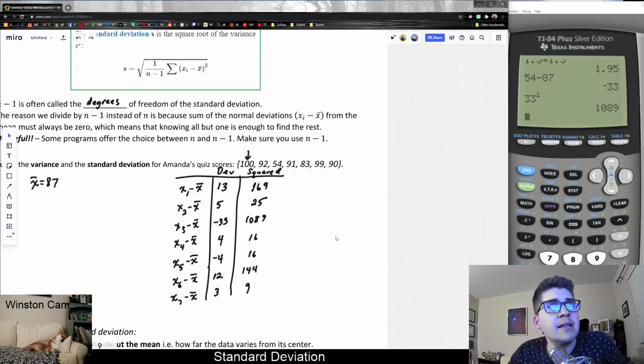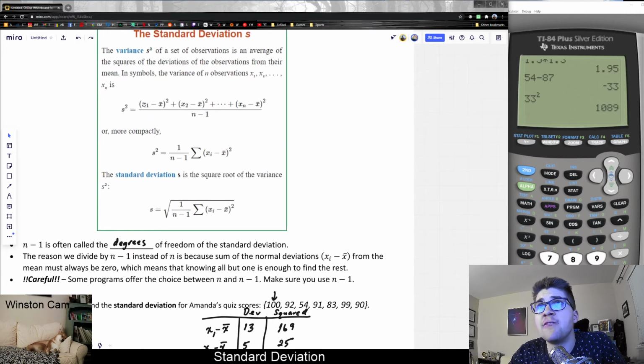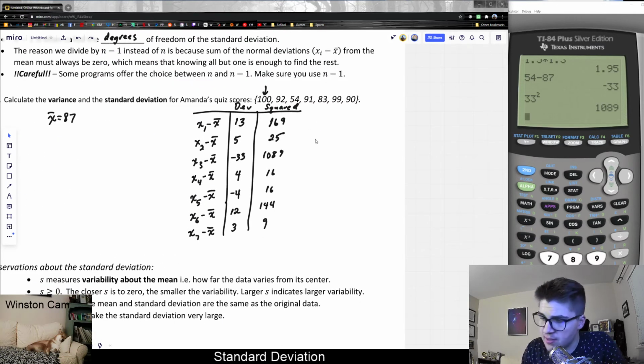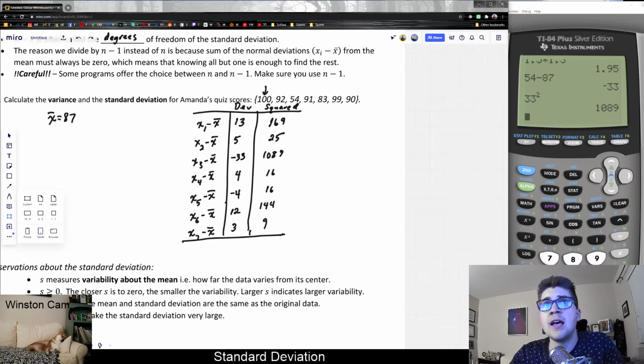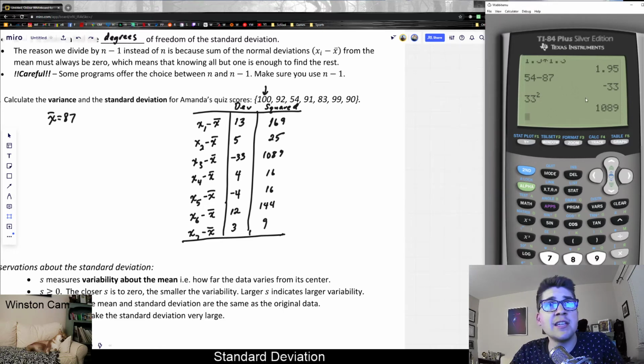Okay, now, in order to calculate the variance, it's the sum of all of the squared deviations divided by n minus 1. So what I want to figure out is the total of all of those squared deviations. So let's go ahead and add all that up. 169. And it's important to note the standard deviation is not an easy thing to calculate.